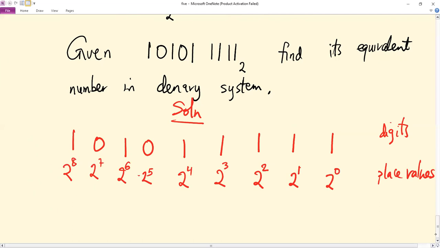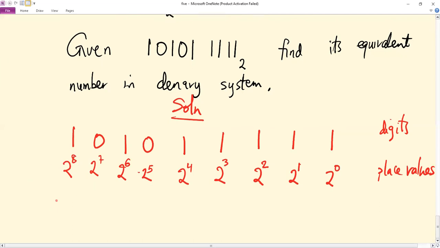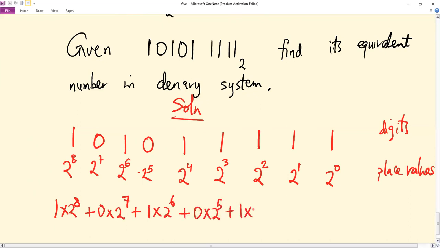So the number will be 1 times 2 power 8 plus 0 times 2 power 7 plus 1 times 2 power 6 plus 0 times 2 power 5 plus 1 times 2 power 4 plus 1 times 2 power 3 plus 1 times 2 power 2 plus 1 times 2 power 1 plus 1 times 2 power 0.